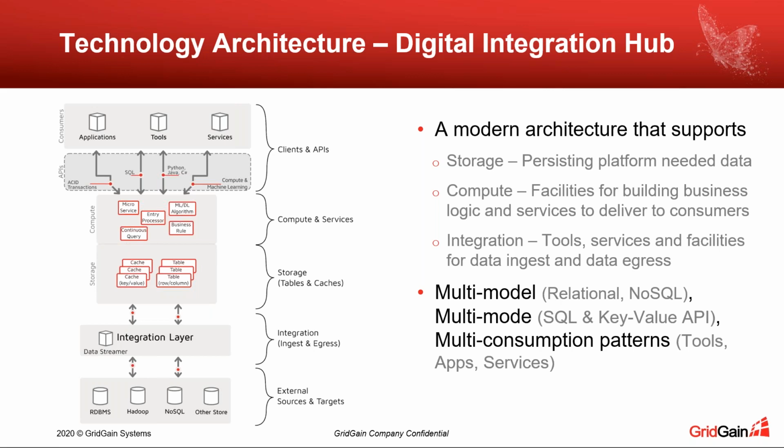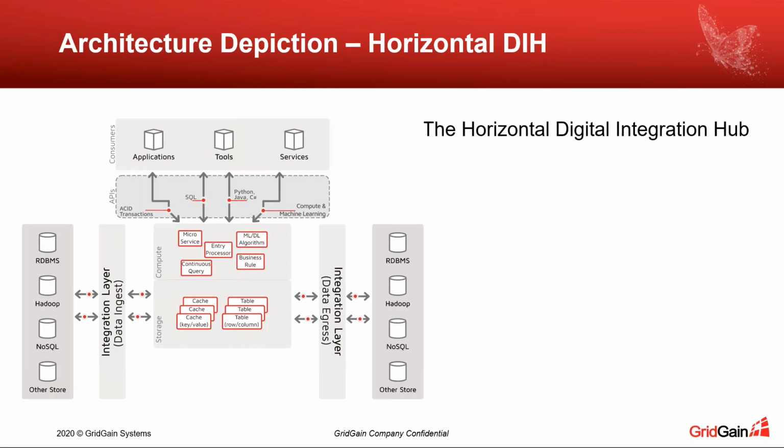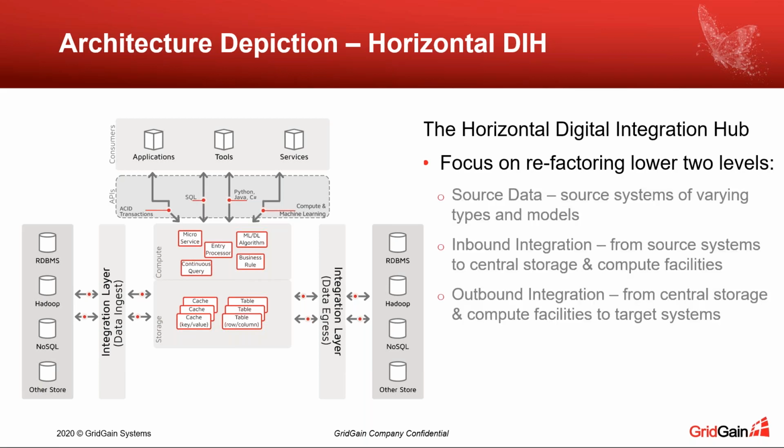But if we look at the bottom 2 layers, the integration and external sources, and split or refactor it by separating the source systems from the target systems and the integration that goes along with that, we get a more traditional data landscape of source systems on the left, generating data, flowing to subscribing components, and ultimately out to target systems on the right that might need to take advantage of the data and the calculations, the computations, the services that are part of that central DIH.